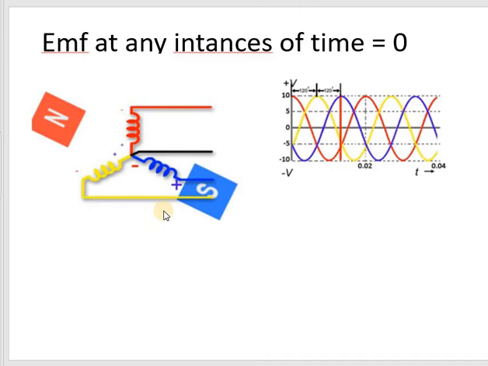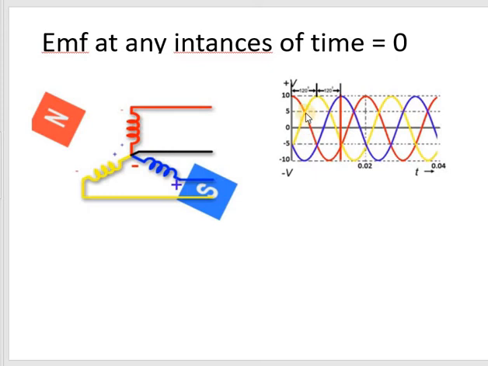This is called a delta connection. So if you look here at this particular point, the positive EMF is 10 and the EMF generated by the yellow phase is -5, and the EMF generated by the blue phase is -5, so the total EMF is 0.